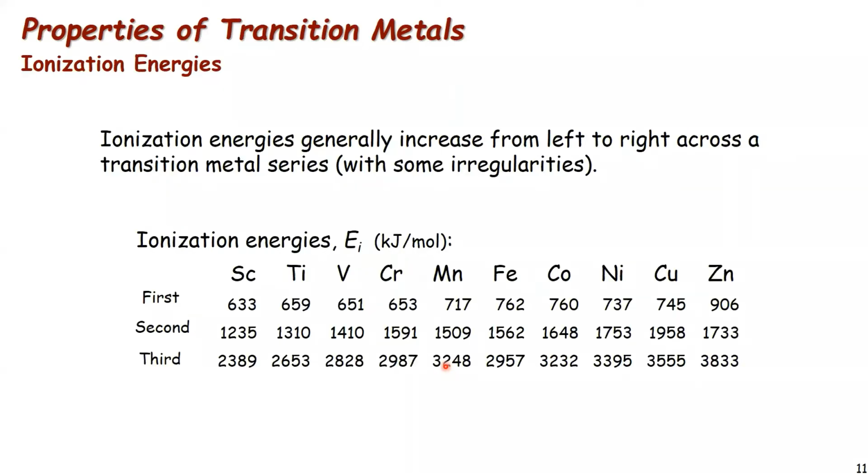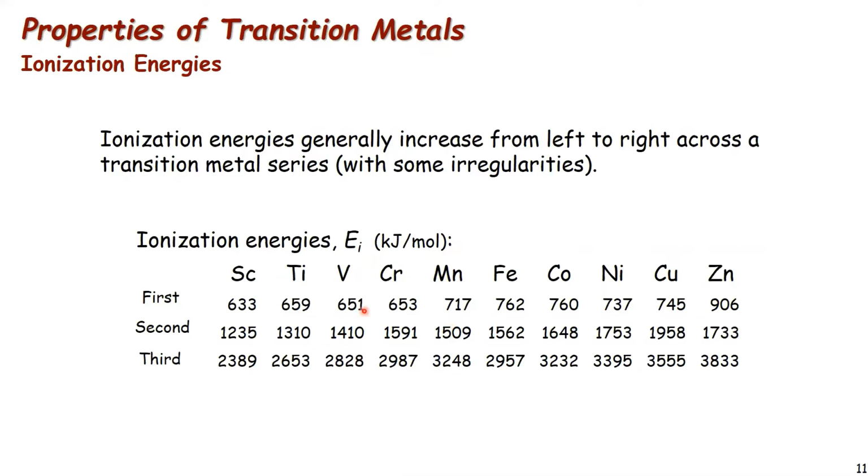Okay, next, ionization energies. Again, we saw in Chem 110 that the ionization energies, for the most part, increase as you go from left to right across the periodic table. Again, that has to do a lot with the effective nuclear charge. The bigger positive charge the electrons feel or are attracted to, the harder it's going to be to rip those electrons off.